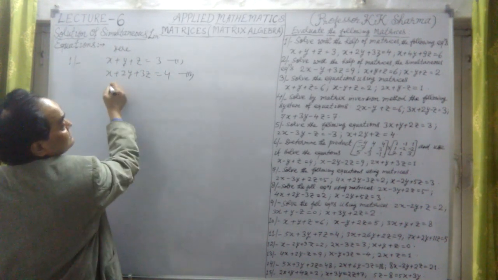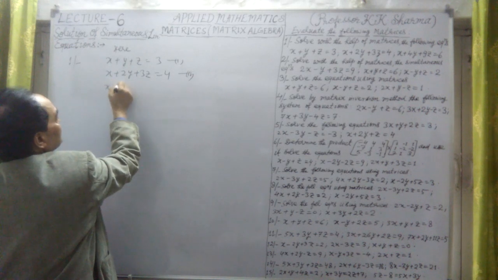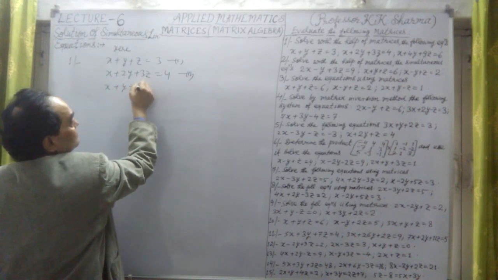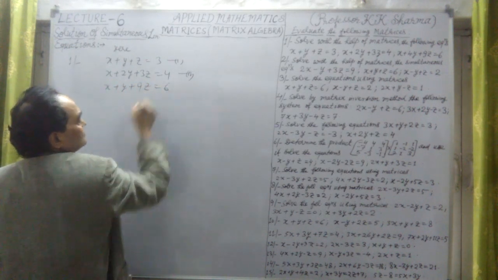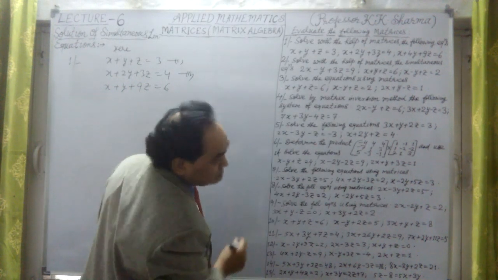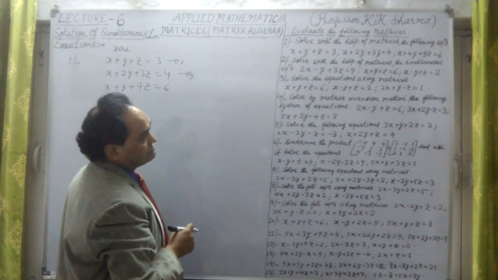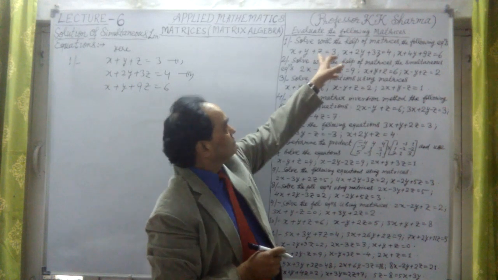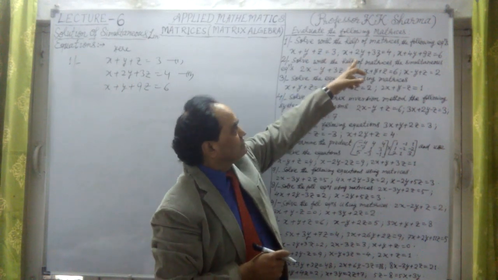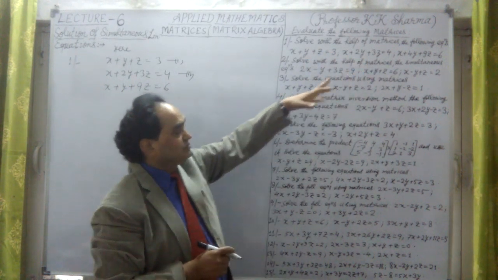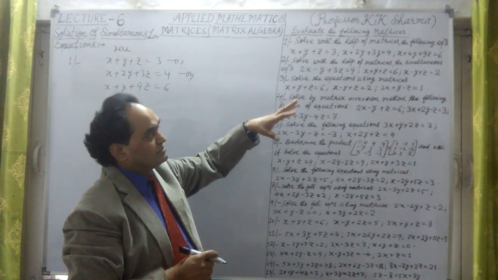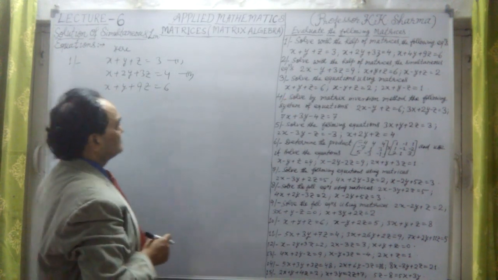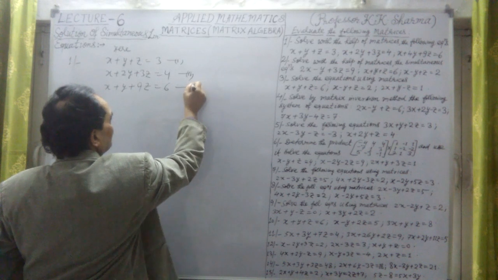Third is x plus 4y plus 9z equals 6, the third equation. These are three equations. We have to solve them.